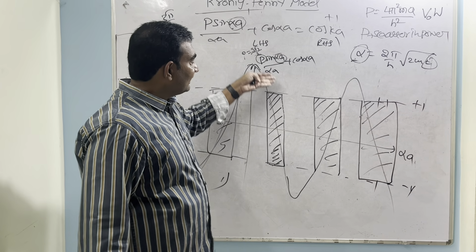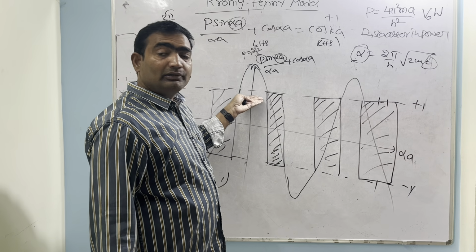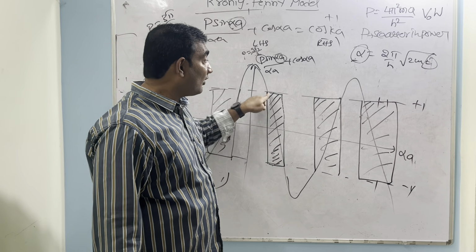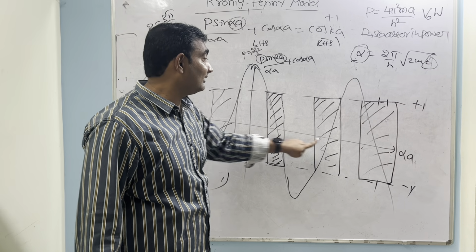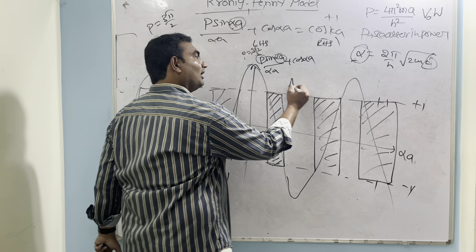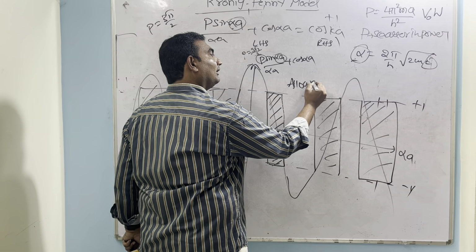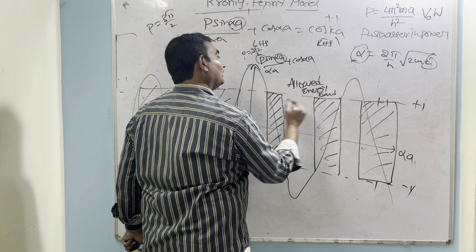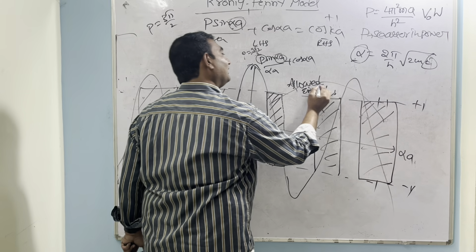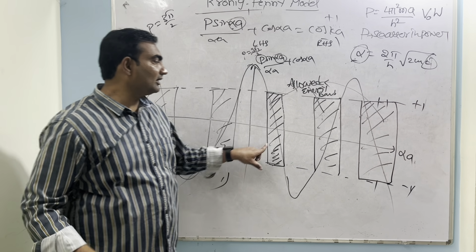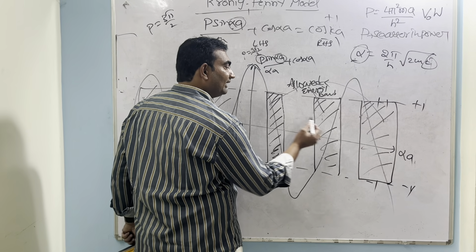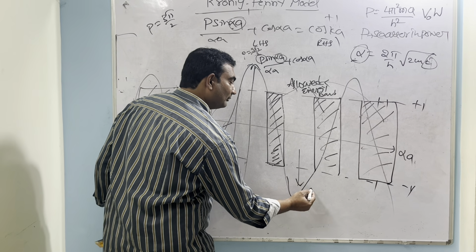The permitted values of the wave mechanical solution, which means in between +1 and -1, form allowed energy bands. This one, and this one. These are called what? Allowed energy bands. Of course, in between two allowed energy bands, this empty space is there.